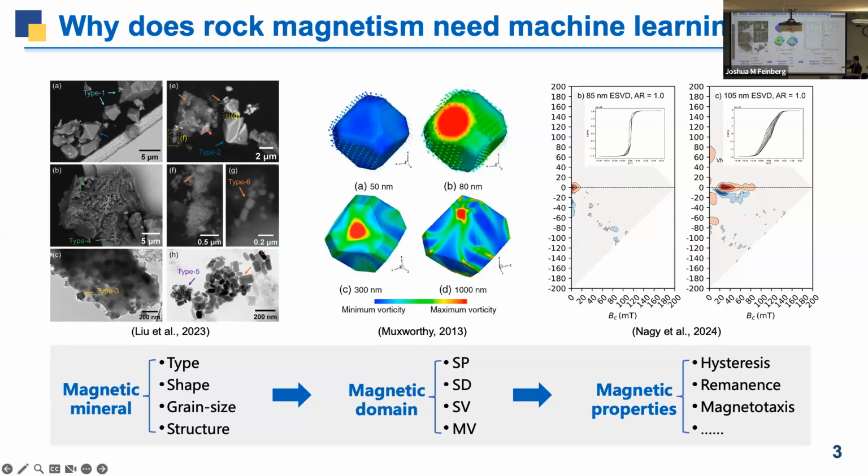But here is a very huge challenge: if we look at the microscopic images, the magnetic minerals have very complex structures, types and sizes. So we really need a method which can identify and extract the useful information very accurately. As Rich mentioned, we need to combine machine learning with high resolution microscopy to identify the parameters.